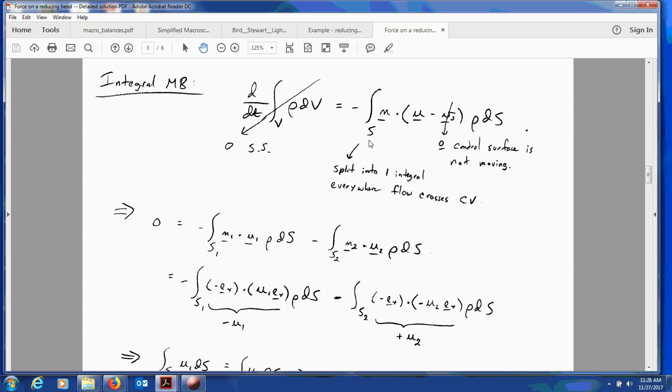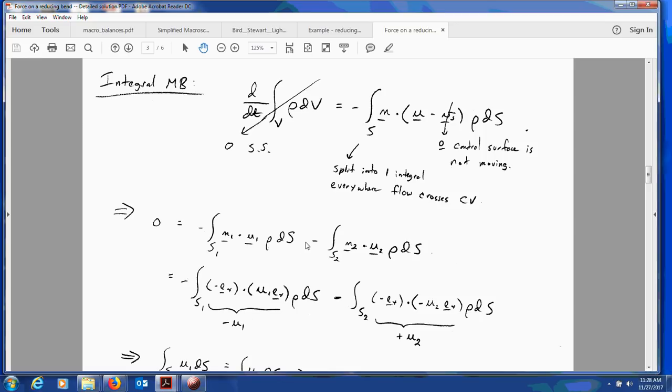So what we now do is we take this surface integral and we split it up into one integral for each entry or exit point into the system. So left-hand side is 0, right-hand side is minus the integral of n1 dot u1 rho dS over surface S1. That's the surface on the top where we have the wide pipe.